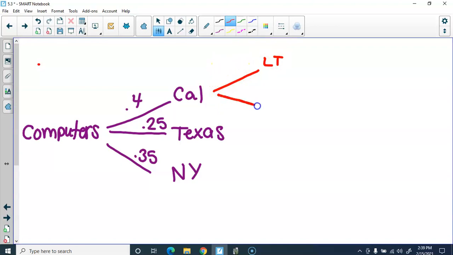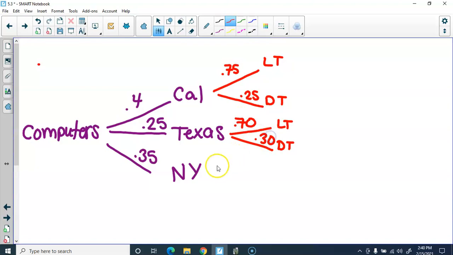LT for laptop, we'll do DT for desktop. If 75% are laptop, then 25% are desktop. Makes sense. In Texas, they said 70% were laptops, which means 30% were desktops. And in New York, 50-50 laptops and desktops. So there's our tree diagram.